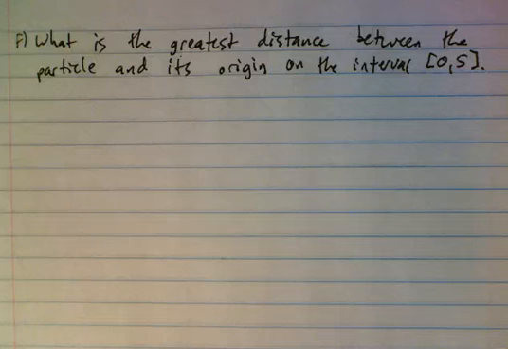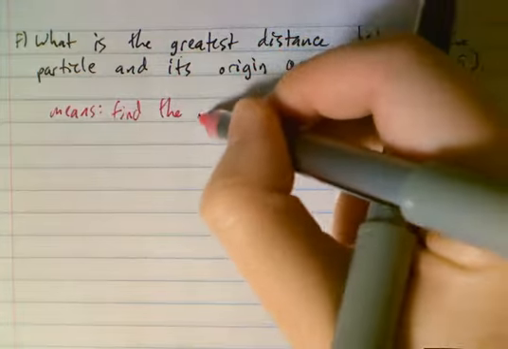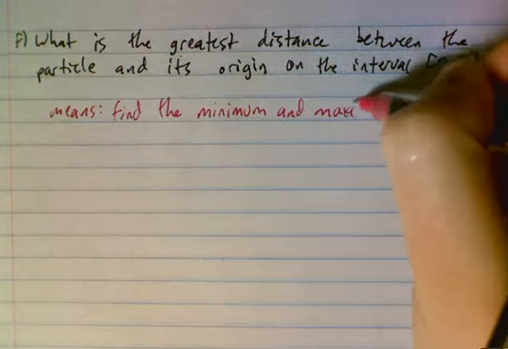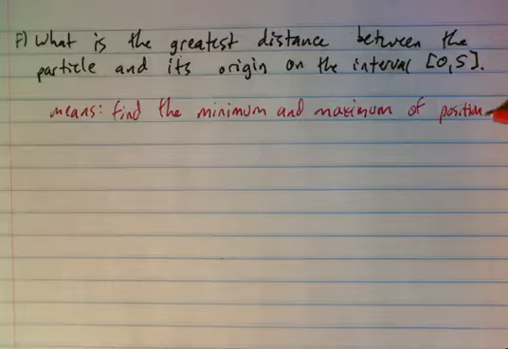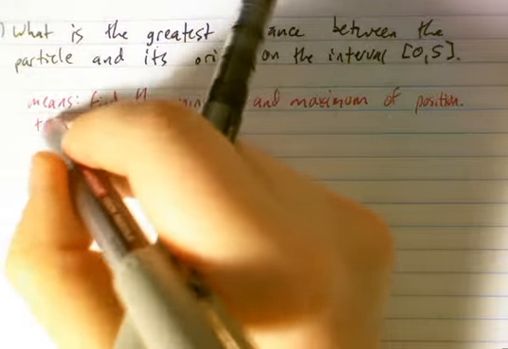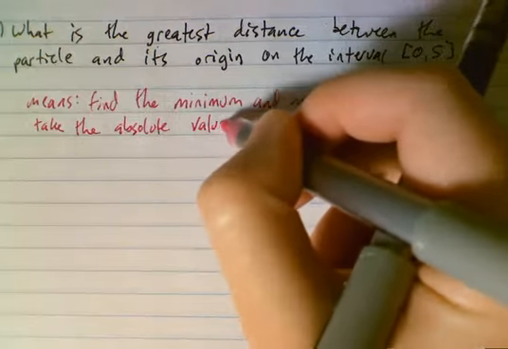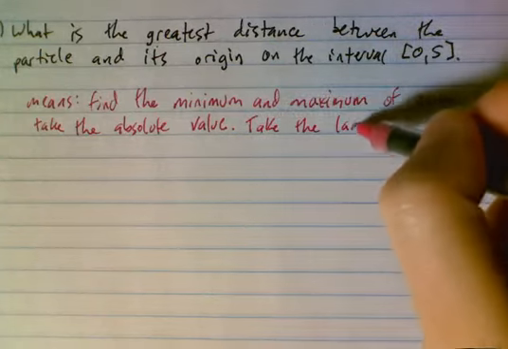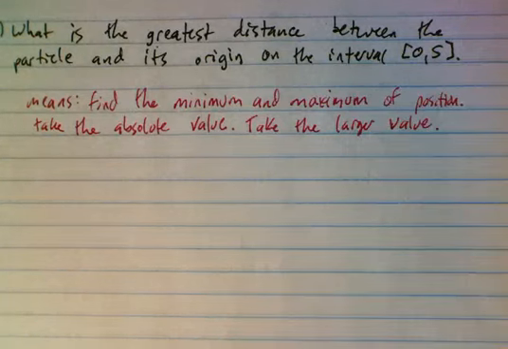What this means, if we look back at our original chart, is find the minimum and maximum of position, take the absolute value, take the larger. So after we take the absolute value, we're going to look for which one's larger.